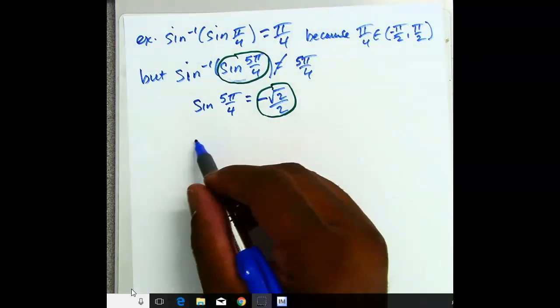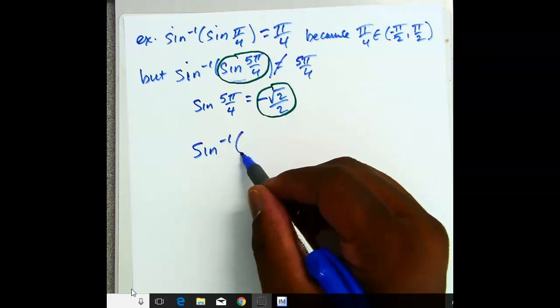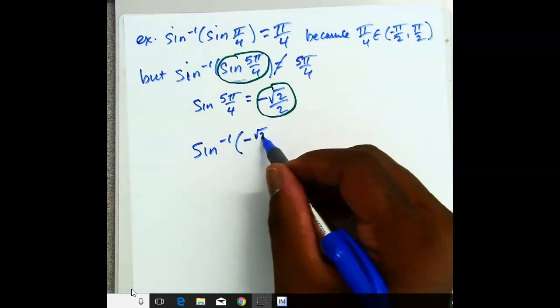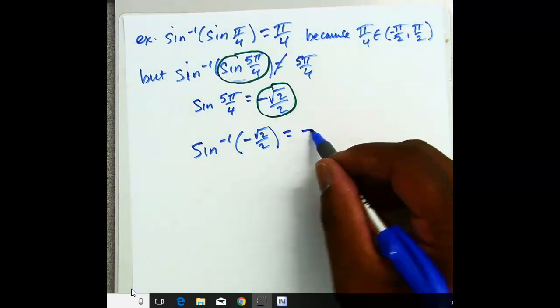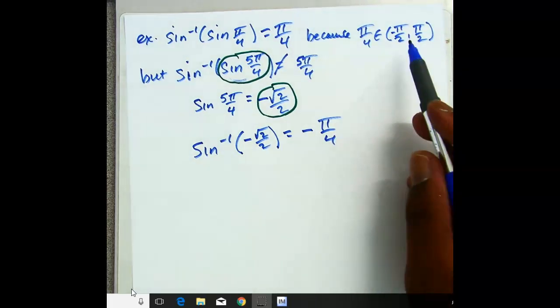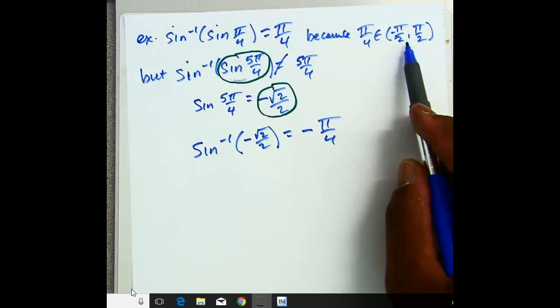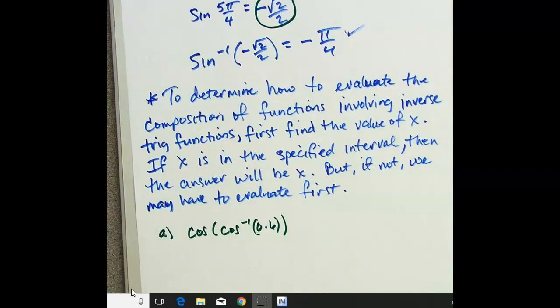And now our function becomes inverse sine of negative square root of 2 over 2. So the inverse sine of negative square root of 2 over 2 is negative pi over 4. Negative pi over 4 is an element of negative pi over 2 to pi over 2. So that's our solution there.